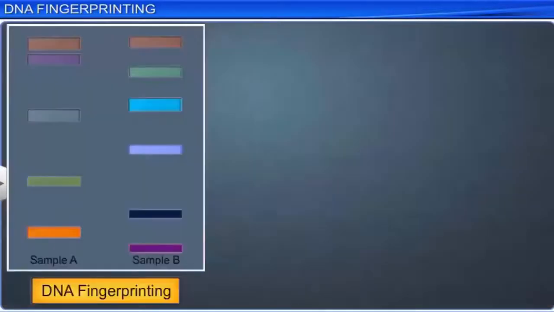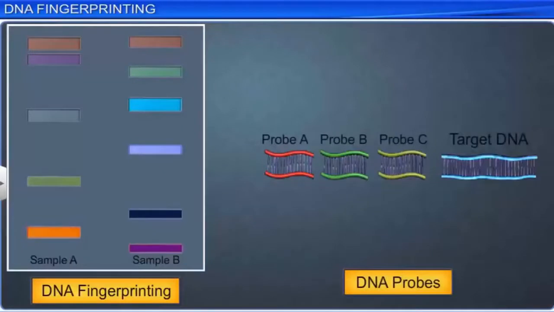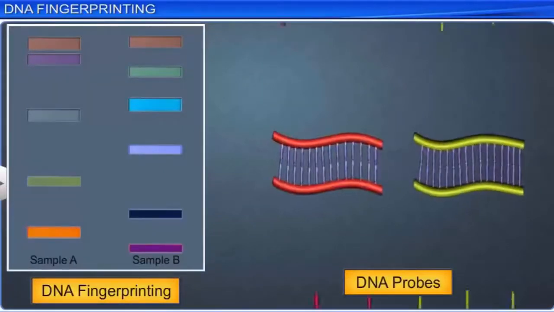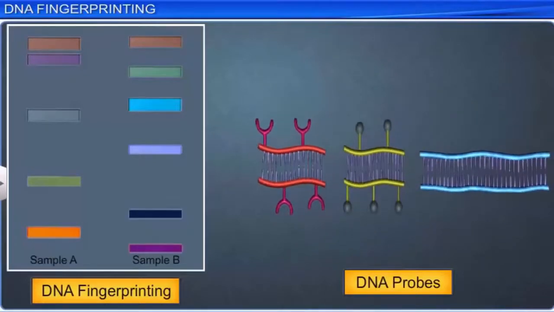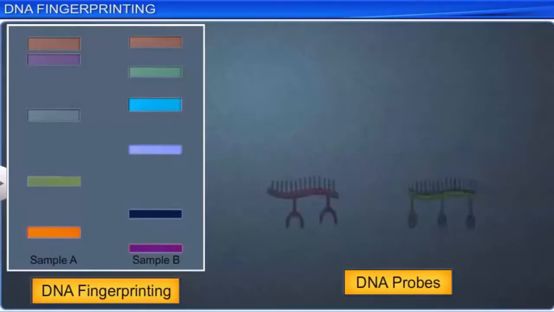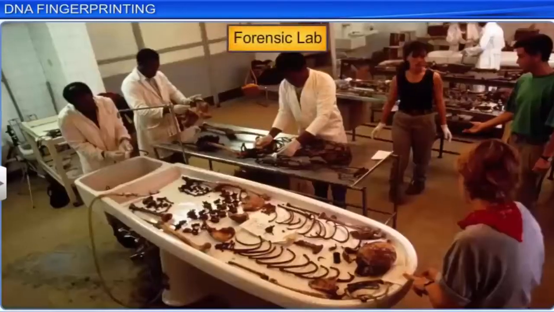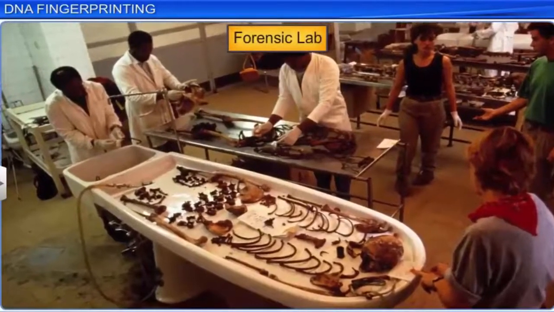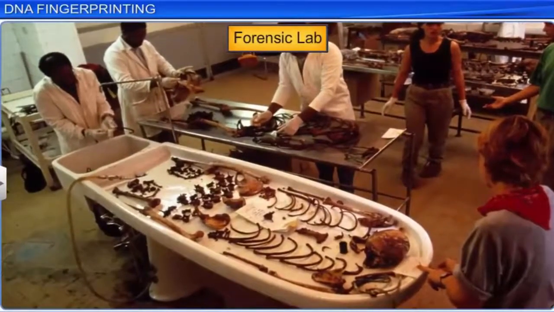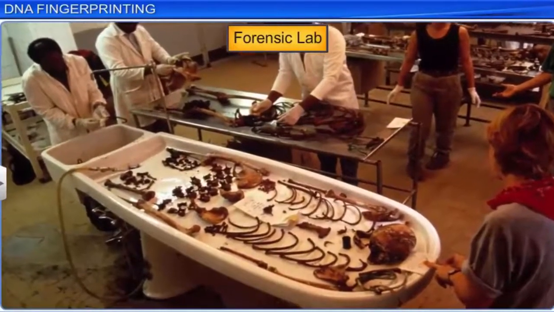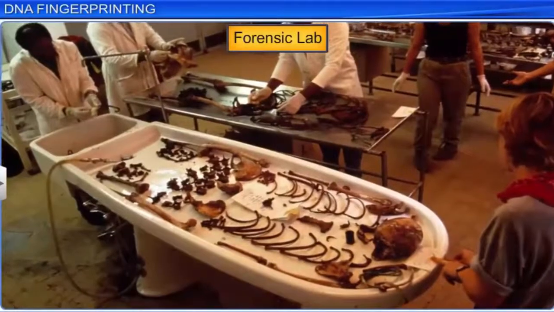DNA fingerprinting has also advanced due to the use of different types of DNA probes. DNA fingerprinting is used in many areas. It utilizes DNA as an identification tool and helps in forensic applications such as crime investigation.